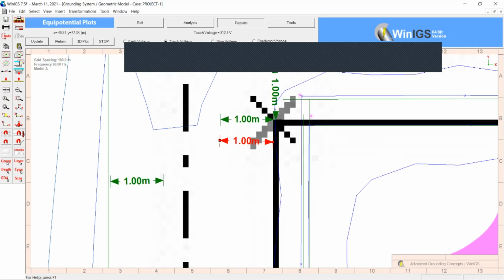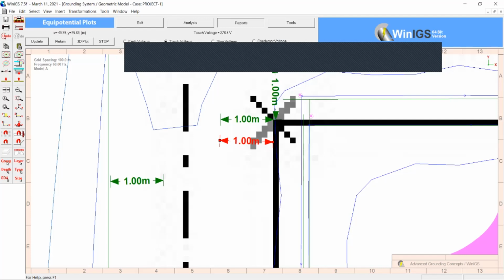You have to use this number in order to record it. See, within the boundary, whenever I am moving my cursor, this number here, touch voltage, is changing. So here you will put your cursor 1 meter away from the fence, and you'll see in my case it is 278.5 volt.